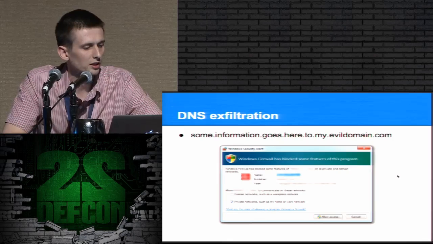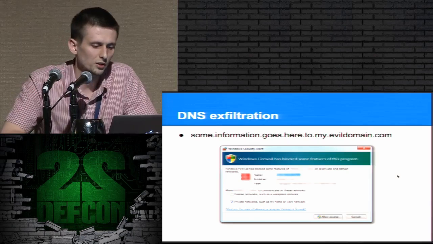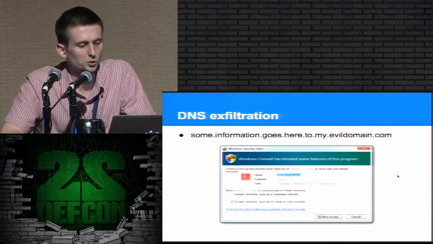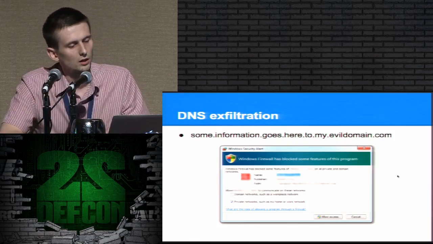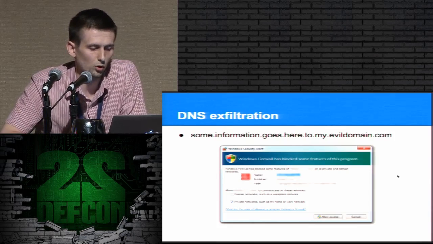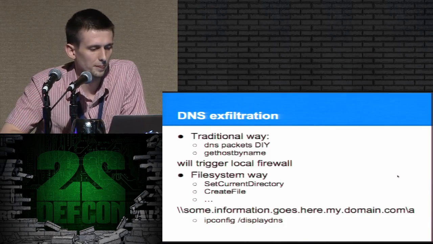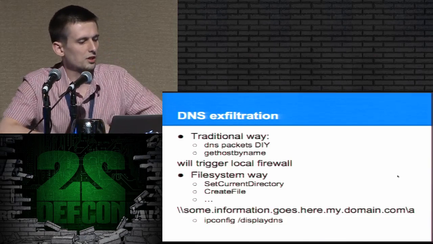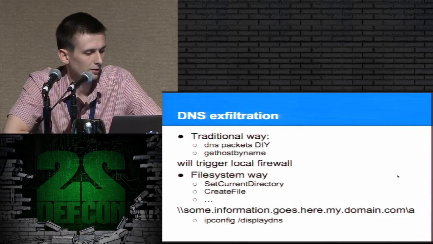But every time your payload tries to resolve a domain, Windows Security Alert, for example, or any other personal firewall will alert, and the user may block your payload. There are some workarounds for it. For a workaround, I suggest using the file system.